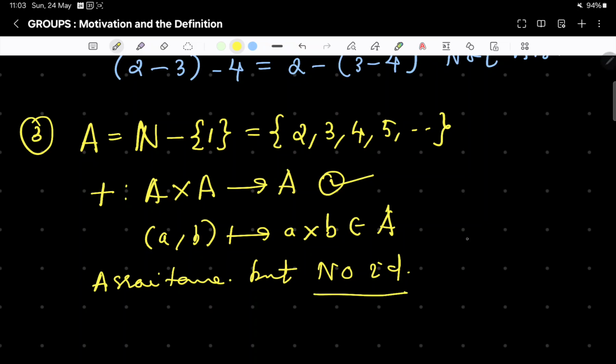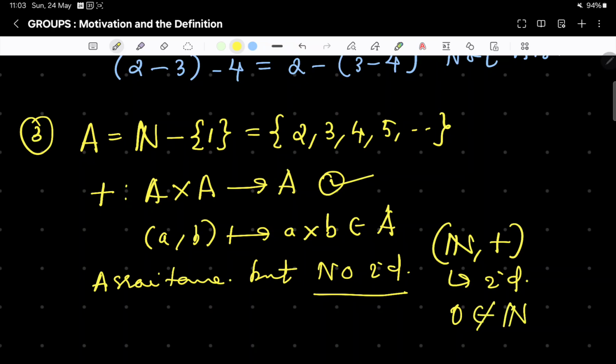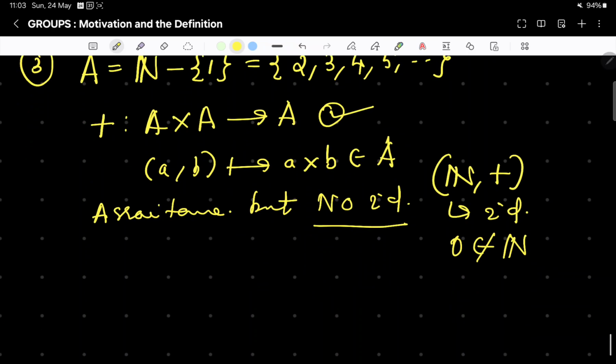Even if you change to addition, here also there is no identity because 0 does not belong to it. So identity may not exist even if there is a binary operation, right? So that's why existence of identity is not very common, right?